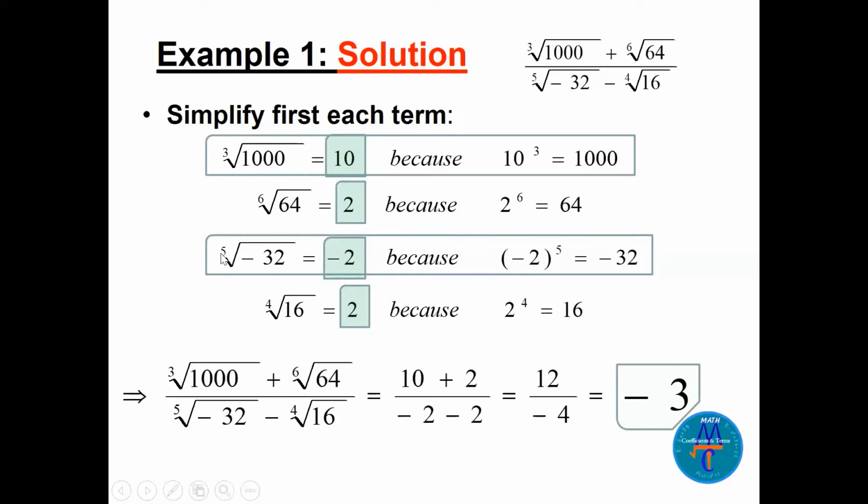The index here is odd. If the index is odd, the number can be positive or negative. I will explain later. If the index is even, the answer is always a positive number. So minus 2 to the power 5, you multiply minus 2 five times, it will be minus 32. 4th root of 16: 2 to the power 4 is 16, so the answer here is 2. So just write the numbers: 10 plus 2 over minus 2 minus 2. So the answer will be minus 3 as the whole value of the expression.